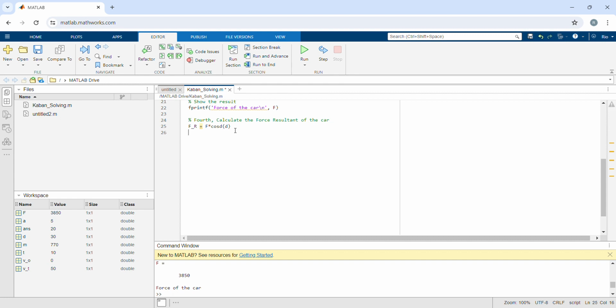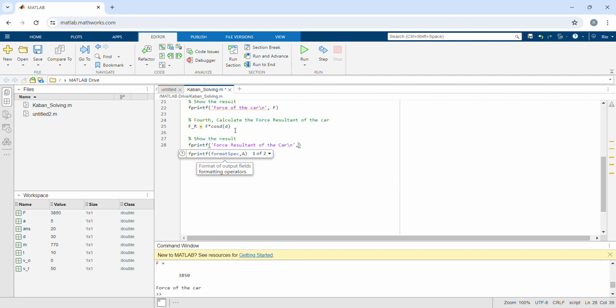Okay, as the same as the previous step, we have to show the result by using fprintf. Force resultant of the car.